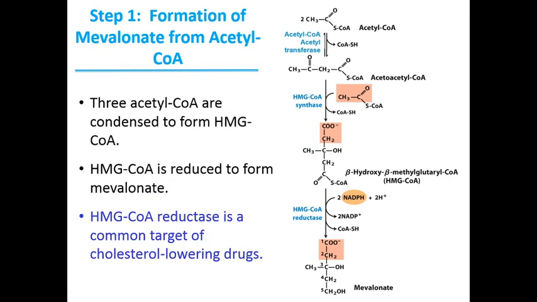Let us look at the first step in the biosynthesis of cholesterol. This step involves the formation of mevalonate from acetyl-CoA. 2 molecules of acetyl-CoA condense to form acetoacetyl-CoA, which further condenses with a 3rd molecule of acetyl-CoA to yield the 6-carbon beta-hydroxy beta-methyl glutaryl-CoA, or HMG-CoA. The first reaction is catalyzed by the enzyme acetyl-CoA acetyltransferase.